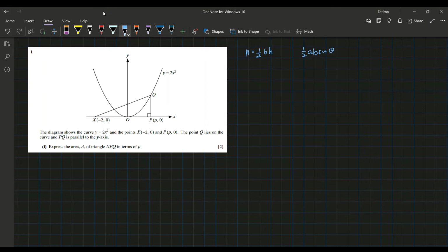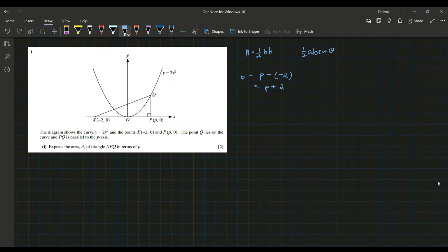So b over here is our base, and that is essentially the distance XP. So to find the distance XP, it would basically be the difference between the x coordinates. So that would be p minus negative 2, so that's essentially p + 2. So that's what the length of our base is.